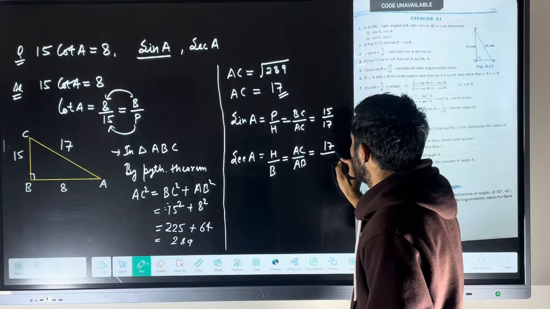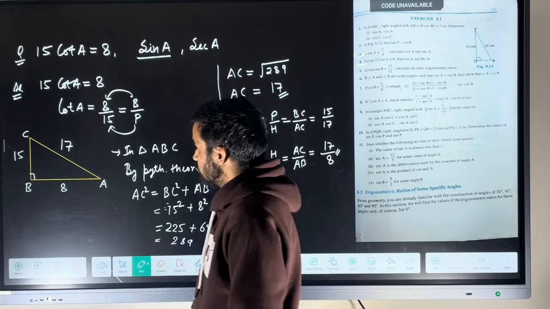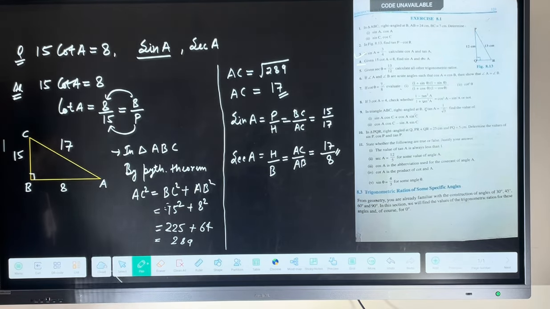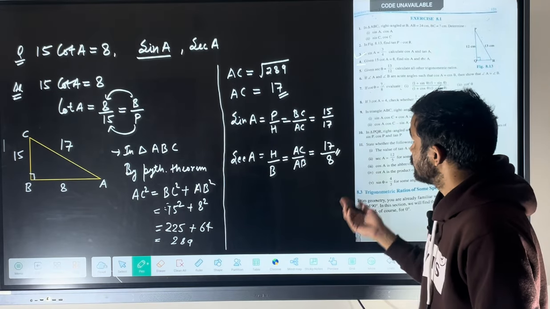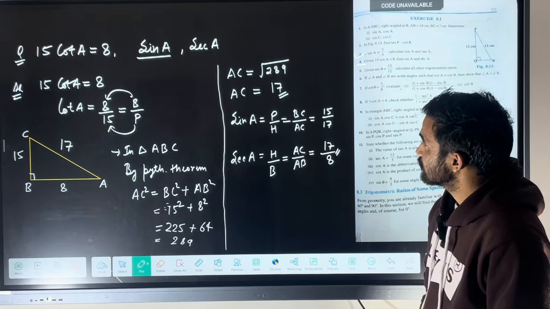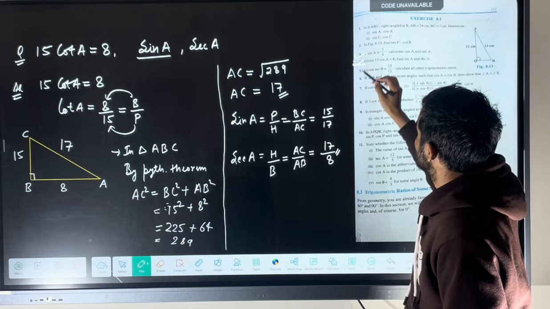AC is 17 and AB is 8. So we have solved this question and found sin A and sec A. You can write it down. So we have completed question number 4.